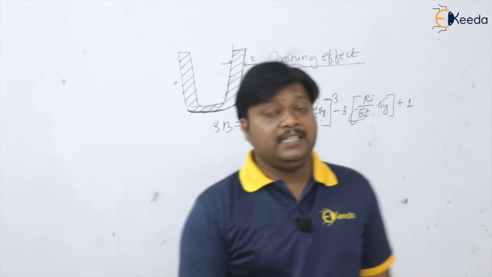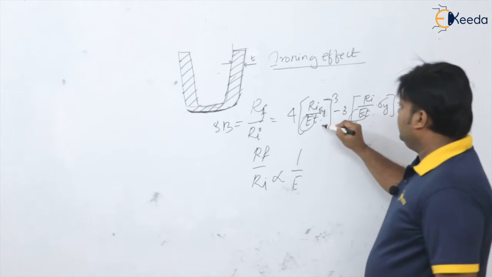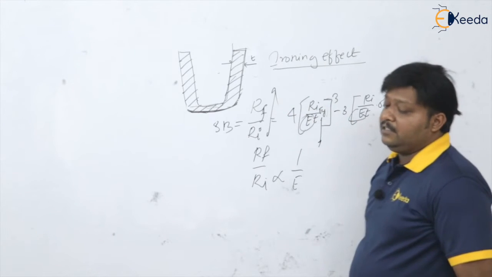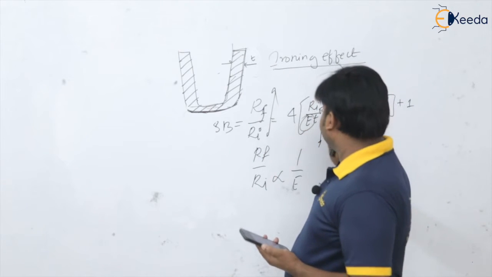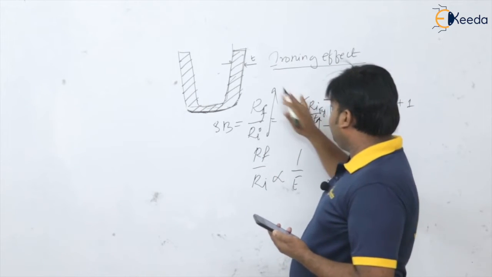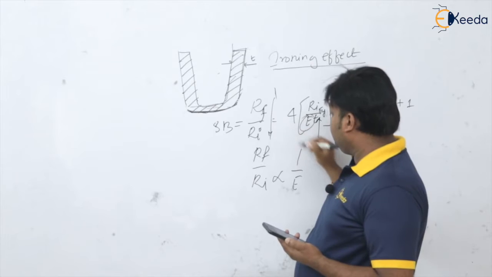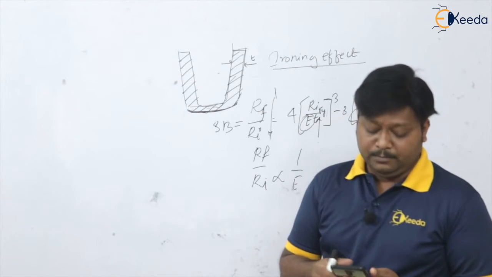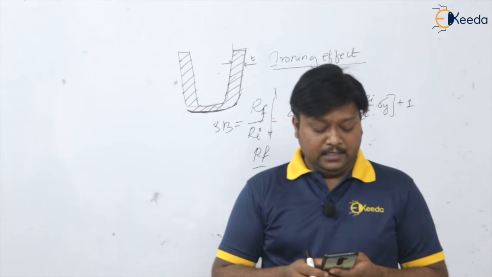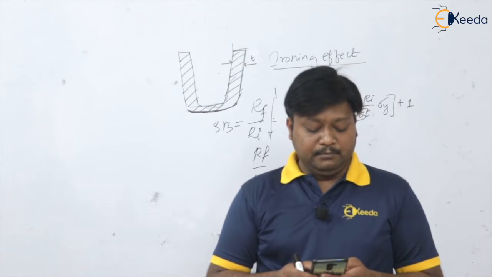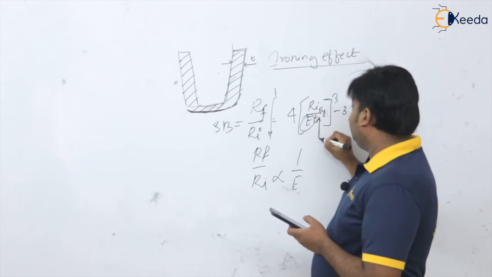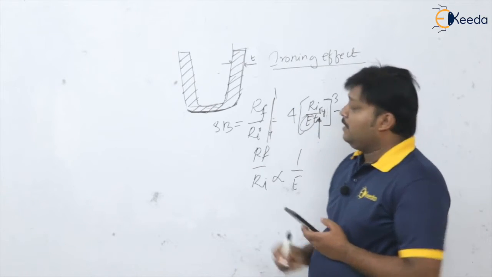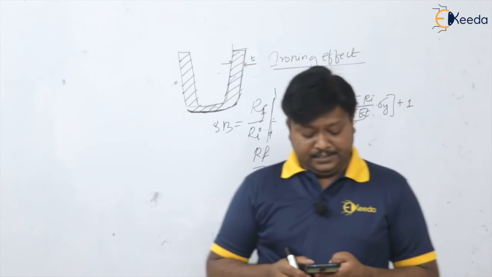When the modulus of elasticity is increasing, the spring back is going to decrease. Options are increase, decrease, remains unchanged and independent of E. So you can see here, if you increase this, the spring back is going to decrease.